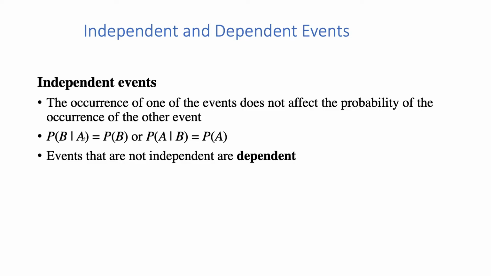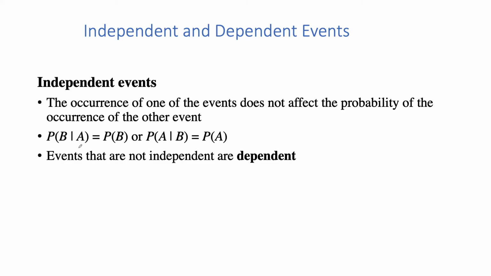So the fact that A has happened before doesn't really affect the probability of B happening next. If the probability of B conditioned on A, or probability of B given A, is equal to just the probability of B itself, then we say that A and B are independent events. If that's not the case, then the two events are dependent.